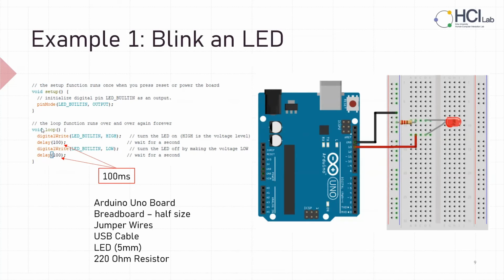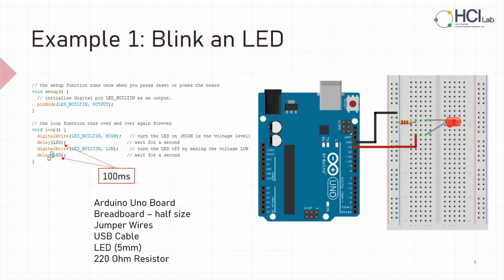So here inside the loop function, we run this over and over again forever. It means that first we need to digitalWrite LED_BUILTIN HIGH. What does that mean? We need to turn on our LED with a high voltage level, with a time delay of 100 milliseconds.